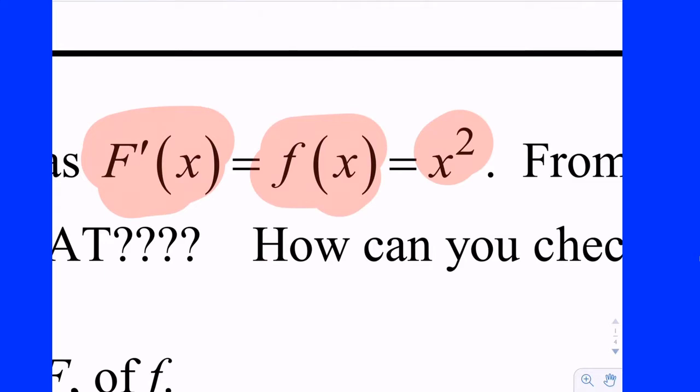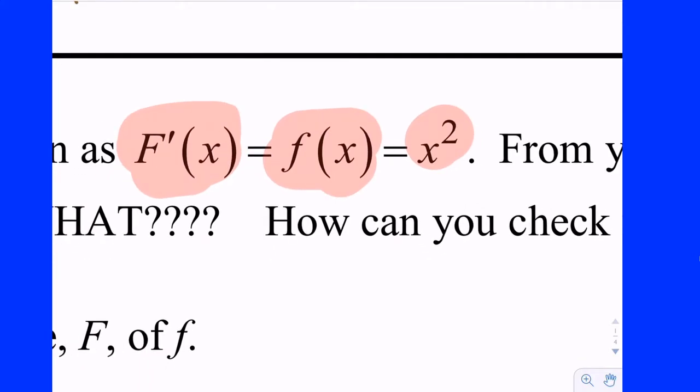And so we usually use capital F. So if capital F has a derivative of x squared, can we become mathematical sleuths and figure out what big F of x could have been to start with, so that when we take the derivative of it, we get x squared?